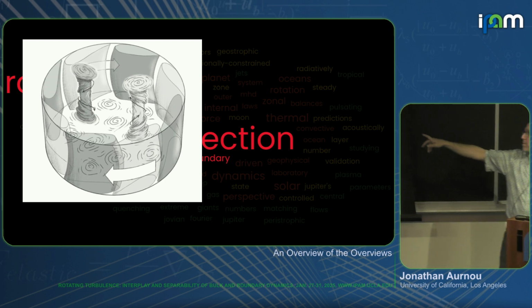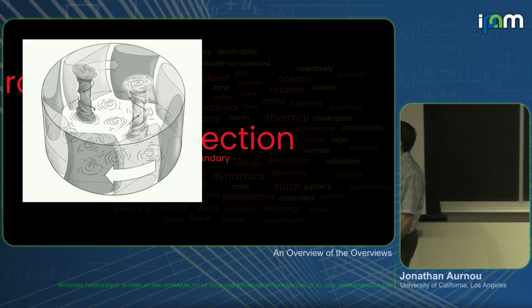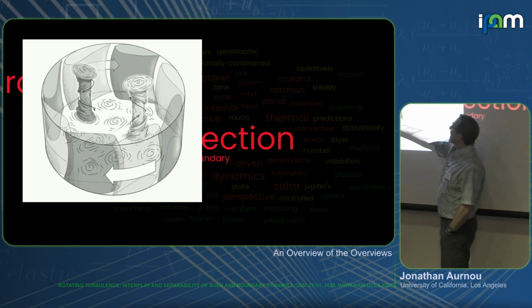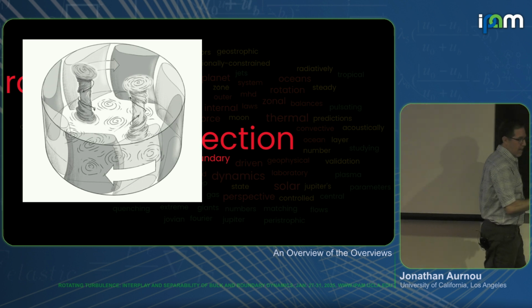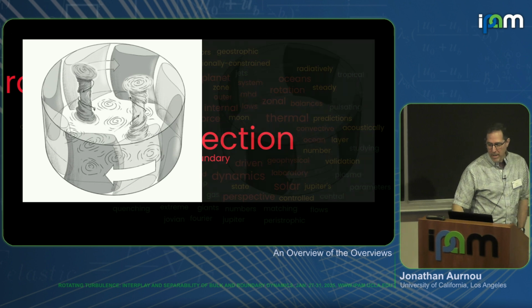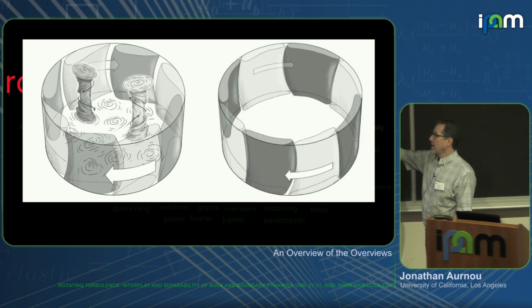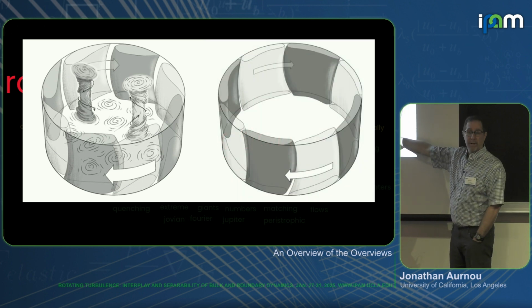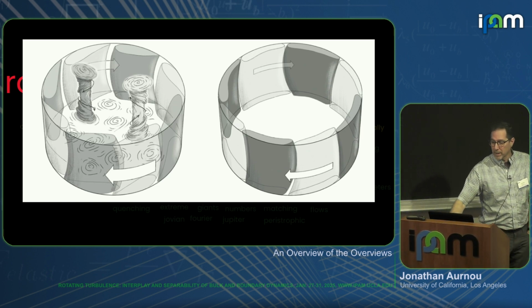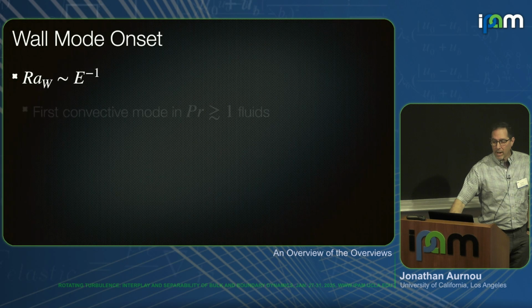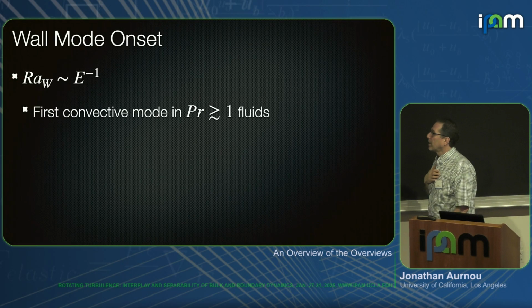Yeah, and you can't miss that along the side, there are sidewall boundary attached modes called wall modes. They're precessing retrograde in this case. And in many cases, we find that they're the only mode, right? So this can be very important, these wall modes. And so then we should know how they work.